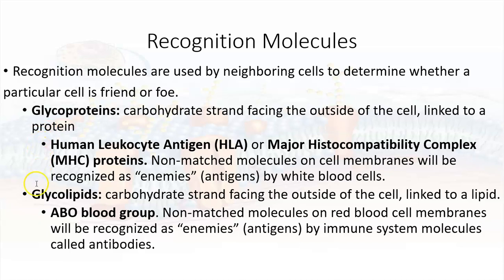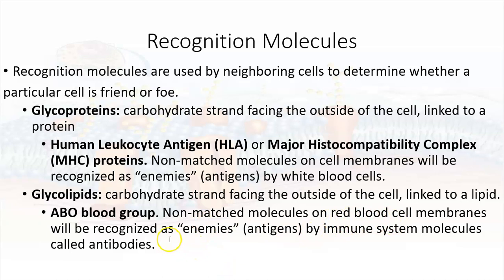So we see this in a couple different ways. You might have heard of blood typing before, the ABO blood group, so being type A or type B or AB or O. What's actually being measured is glycolipids, so these sugars attached to lipids on the outside of a cell. Your ABO blood group is talking in particular about molecules found on your red blood cells.